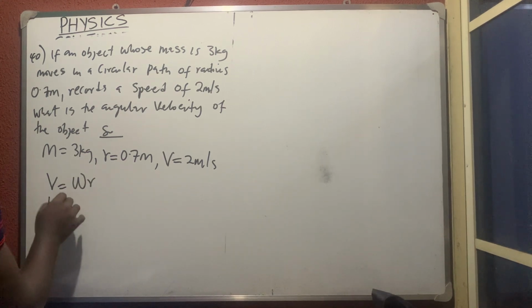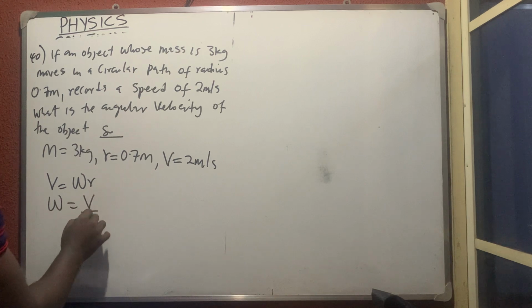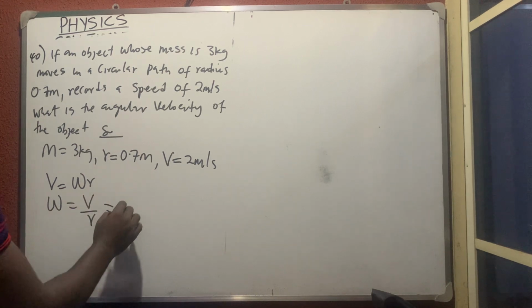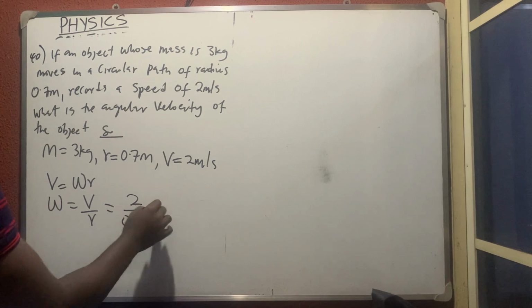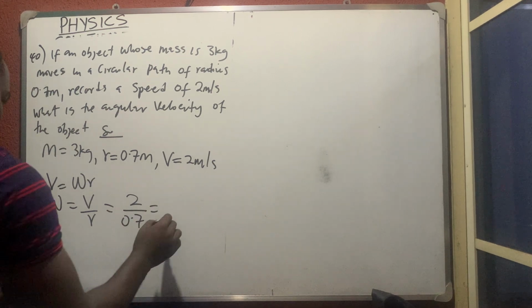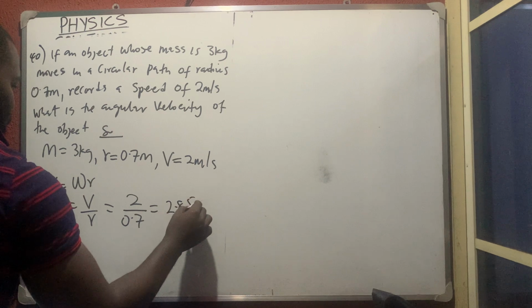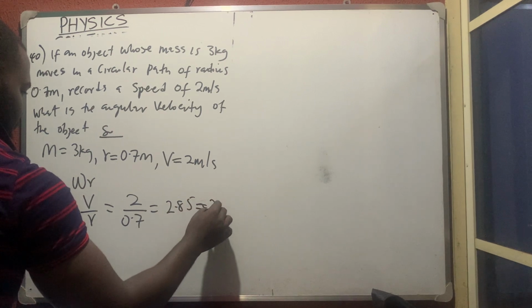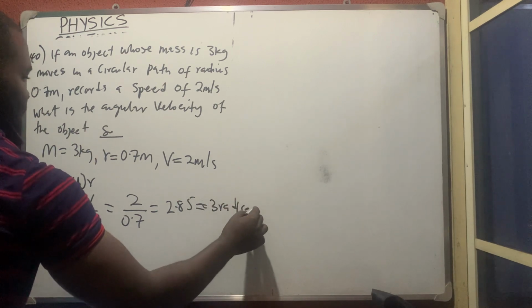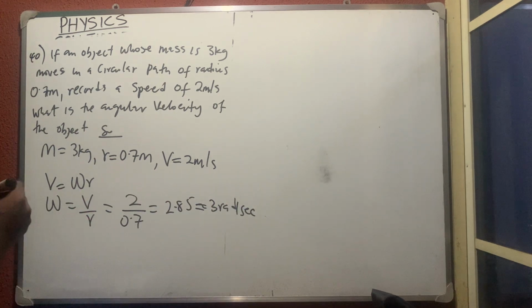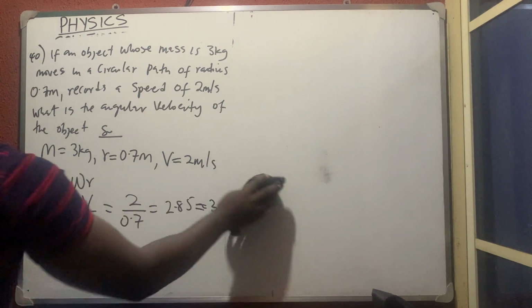So angular velocity is equal to normal velocity divided by r, which is 2 divided by 0.7. That will give you 2.85, which is approximately 3 rad per sec. So question number 41.